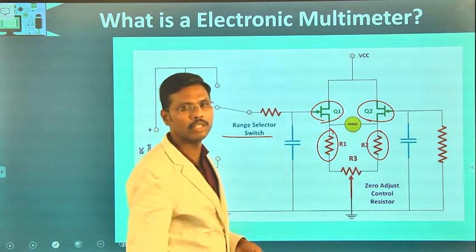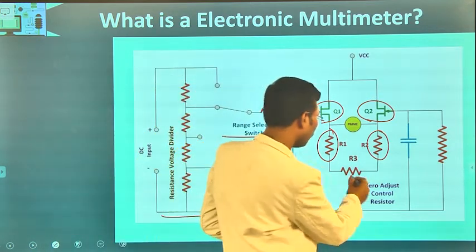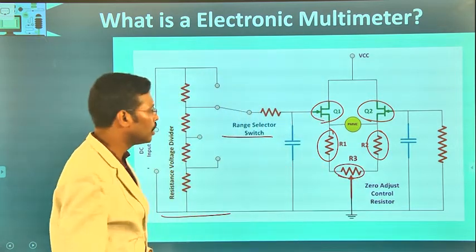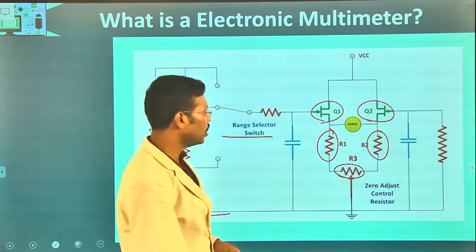These two resistors are used for the bridge balance condition, and the third resistance, which is a zero adjustment resistor, which is a variable resistor, is also present, which is used for nullifying the PMMC readings, which is used for zero adjustment.